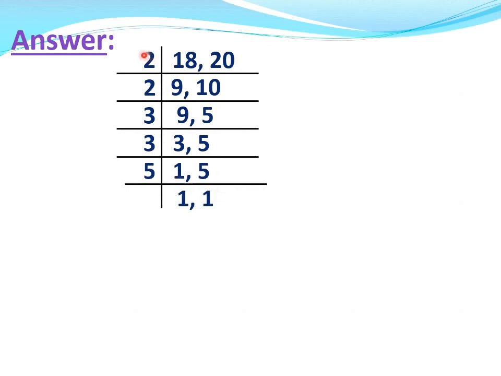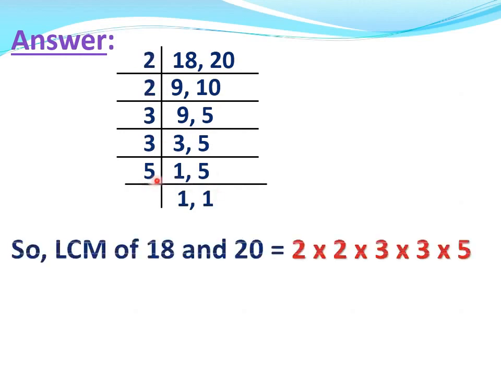Now find the product of these prime factors. So LCM of 18 and 20 equals 2 multiply 2 multiply 3 multiply 3 multiply 5. 2 multiply 2 equals 4, multiply 3 is 12, multiply 3 is 36, multiply 5.